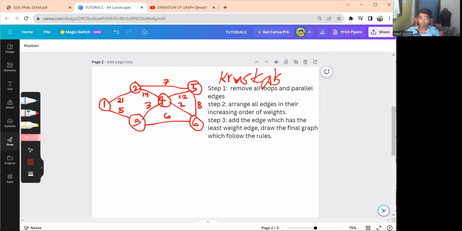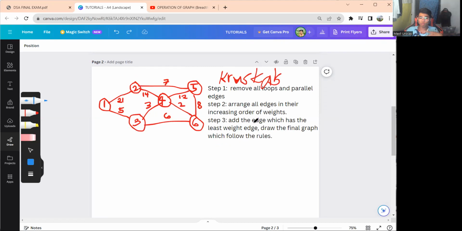Put step 1. In your step 1, you draw this particular product. Then put just step 1, remove. That is the only thing you show. Okay? From that particular graph, you show the step 1, which is you remove all the loops.